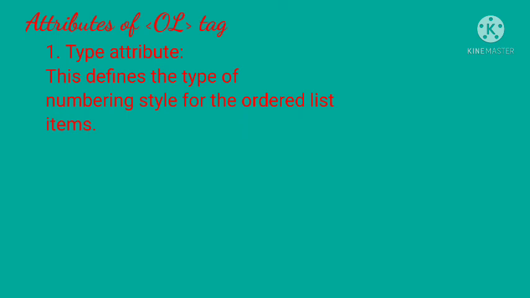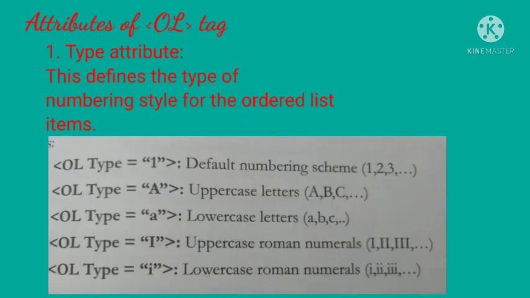Many options are available, which are: first one, OL type is equal to 1, that is the default numbering scheme, 1, 2, 3. Second one is OL type is equal to capital A, that displays the list in uppercase letters, that is A, B, C, D, etc.